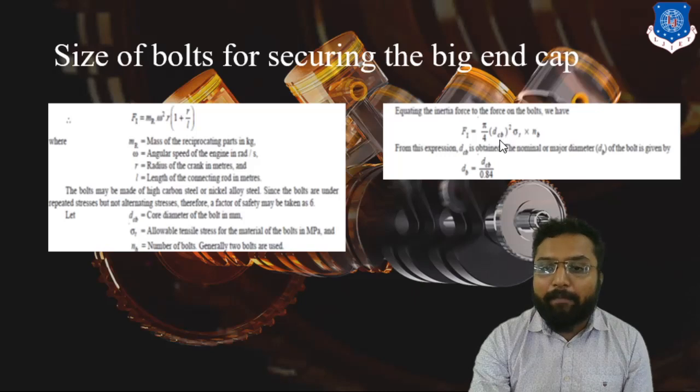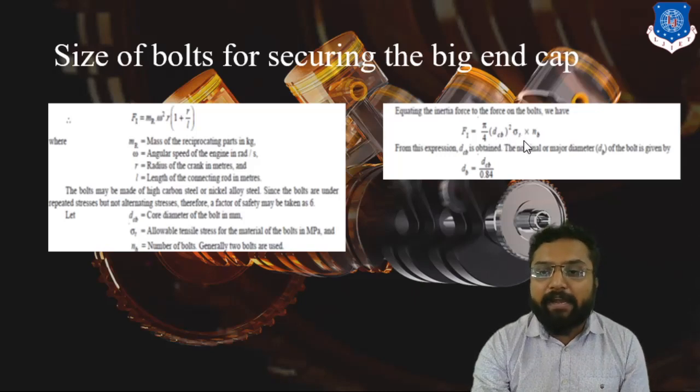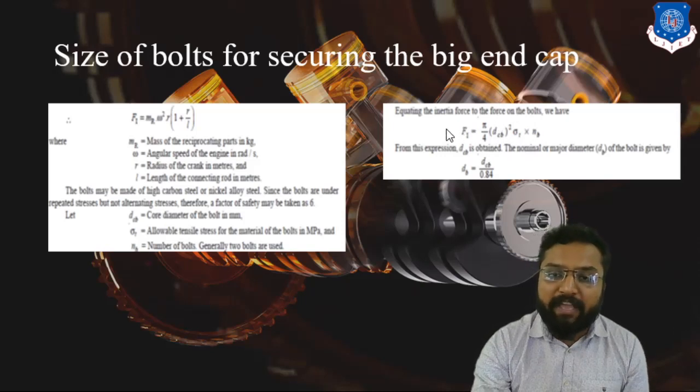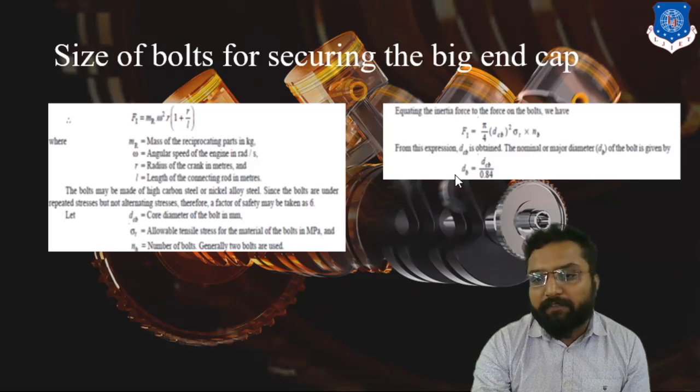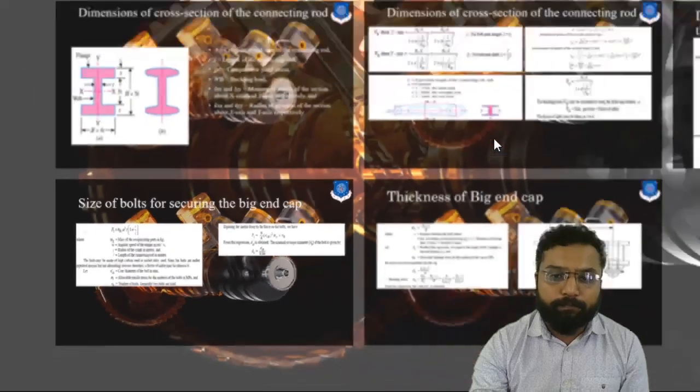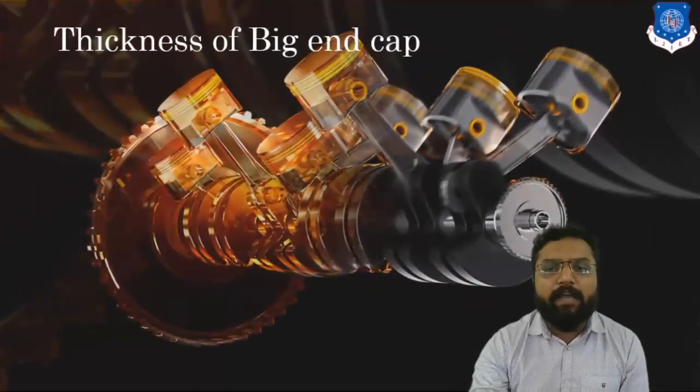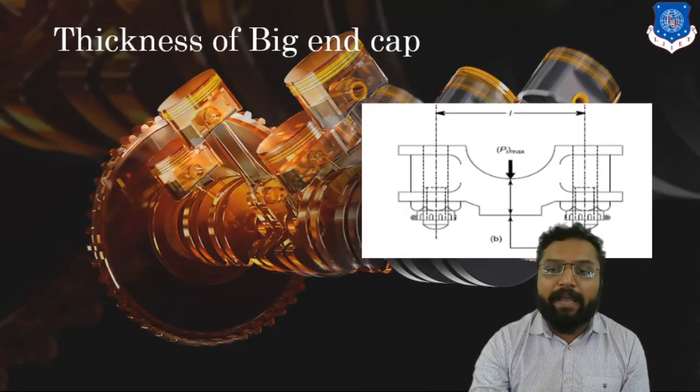Here, the diameter of the bolt is DCB, and its tensile strength sigma t gives the shear stress. Clear? Number of bolts: there are two bolts. So ultimately, we can find out the diameter of our bolt if we have this force and stresses. Clear? Okay. And then you can find the nominal or major diameter.